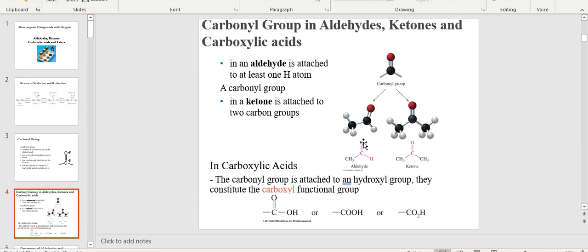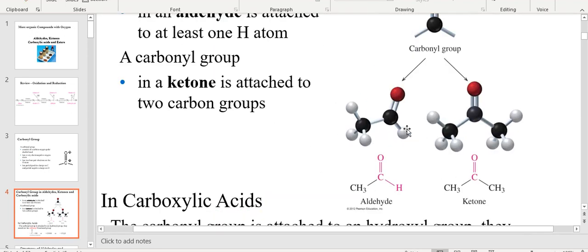If you have a look here, maybe you want to pause it and have a look, but this is what an aldehyde looks like, and you can see the schematic right here. I can blow that up. And right here is your ketone with the carbonyl group in the middle.